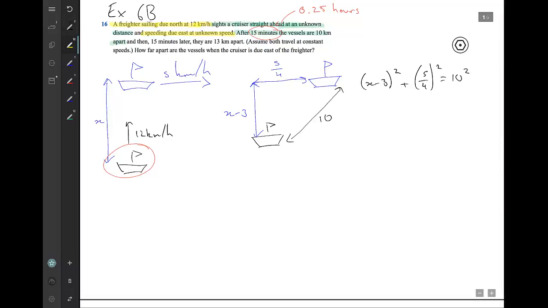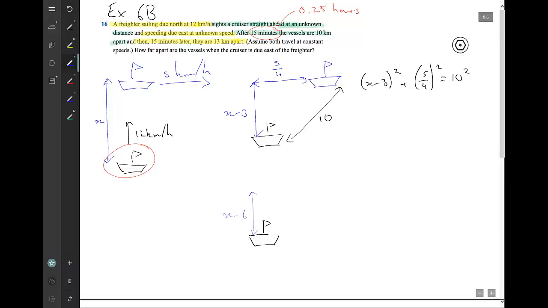The second one is, then 15 minutes later, they are 13 kilometers apart. Okay, so the new diagram, again, we're going to have this freighter down here. It's now traveled another 3 kilometers upwards because it's gone for another 15 minutes. So now this is going to be x minus 6.